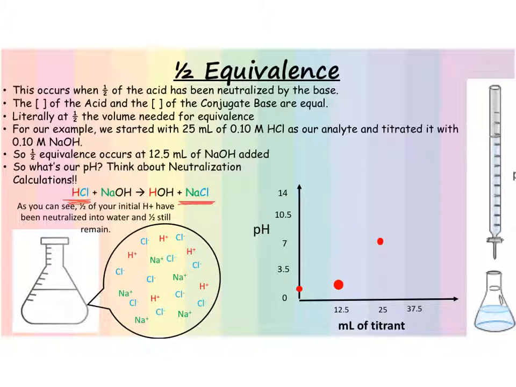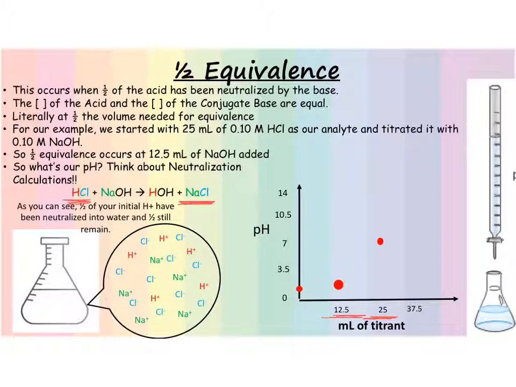All right, so in order to find your half equivalence point, what you need to do is determine the volume for your equivalence. Our equivalence volume was 25, and you literally cut that in half. It's exactly what it says. So half of 25 is 12.5. So at 12.5 mL is when we are going to be at our correct pH.